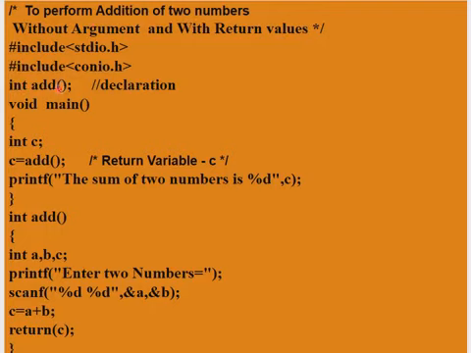This is the declaration of our function, but here we have declared it with a return type. This statement represents that the add function does not carry any arguments, but it will return something that will be of integer type. So this is the return type of the function add. The function add will return the integer value to the main function.